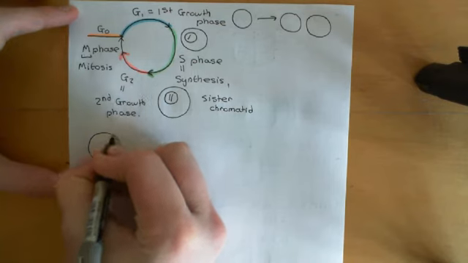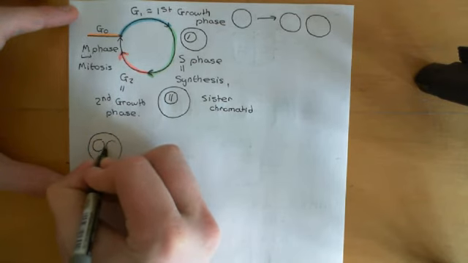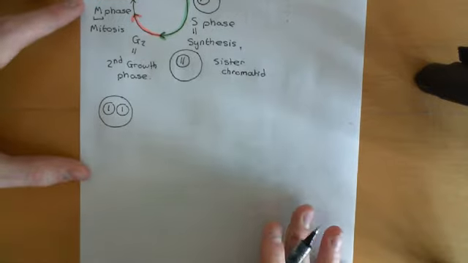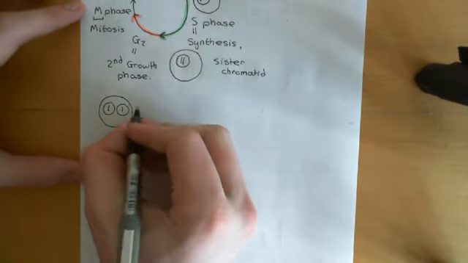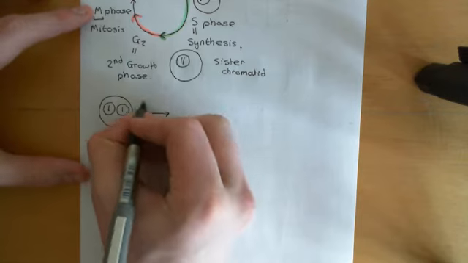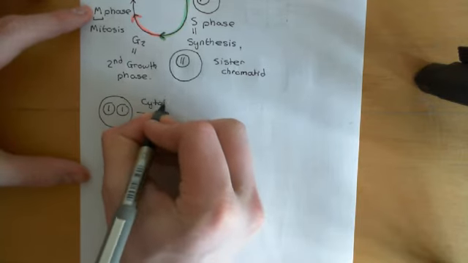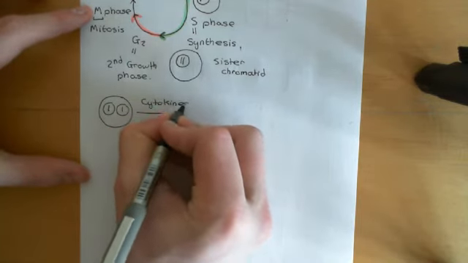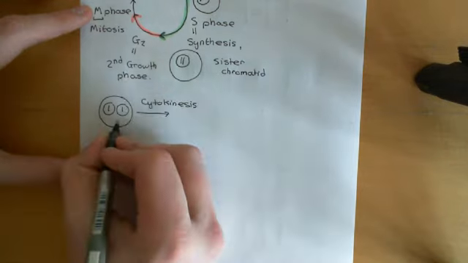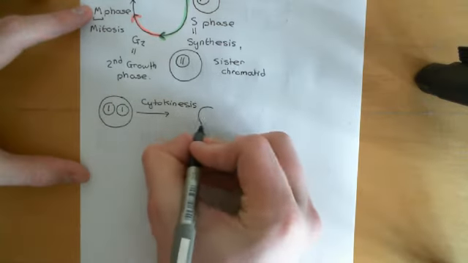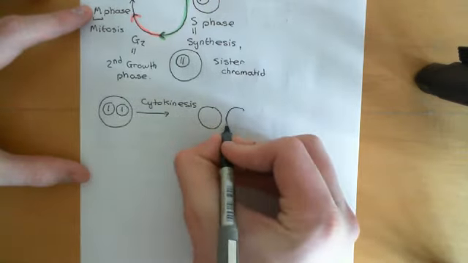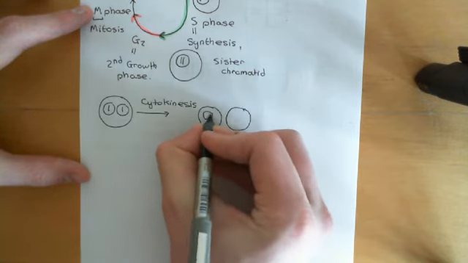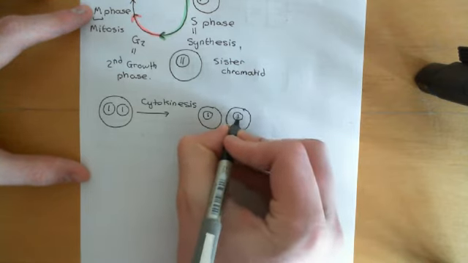A cell with 2 nuclei, and each of these nuclei contains a single copy of all 46 chromosomes. And then finally, at the end of M phase, a process known as cytokinesis occurs. In cytokinesis, you go from having a single cell with 2 nuclei to having 2 cells, each with a single nucleus.